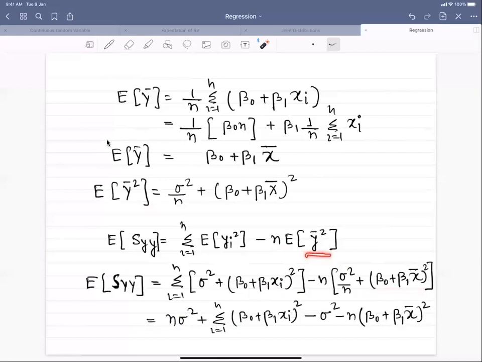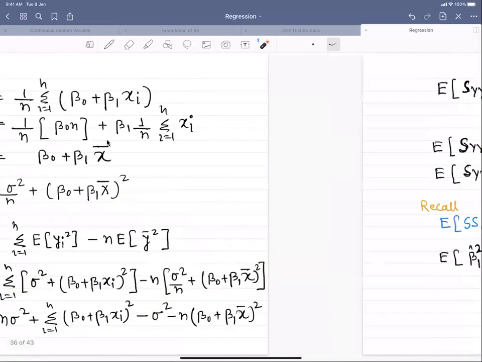For the sigma square term, if we sum it over n times, it will be n sigma square. We can take the summation operator inside for the summation over i from 1 to n of beta naught plus beta 1 xi whole square. Here the n will be cancelled, so it will be minus sigma square. We take the minus sign inside, minus n times beta naught plus beta 1 x bar whole square.